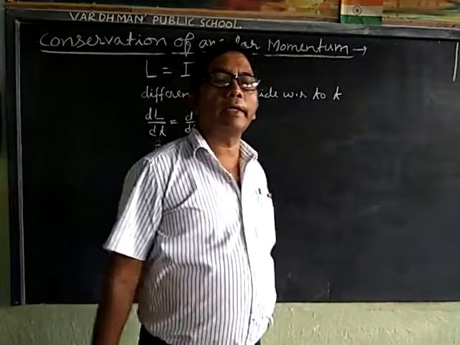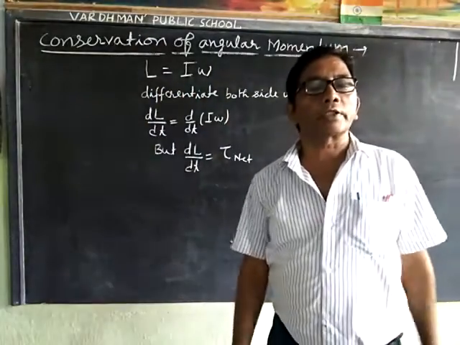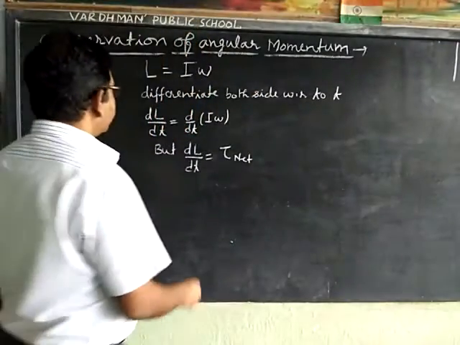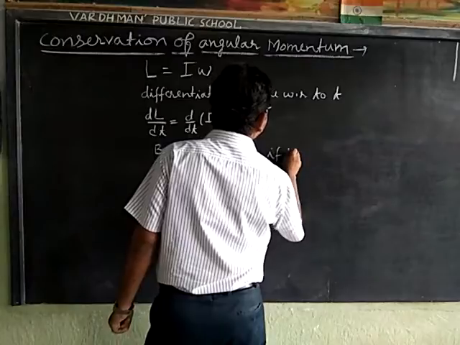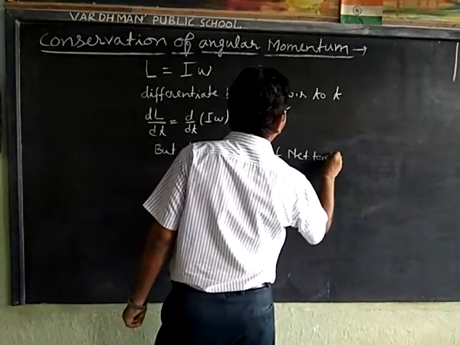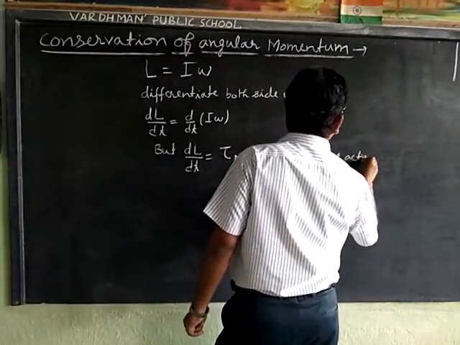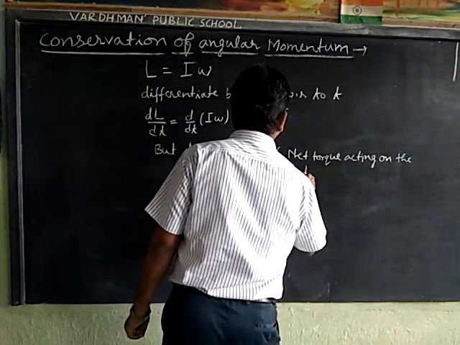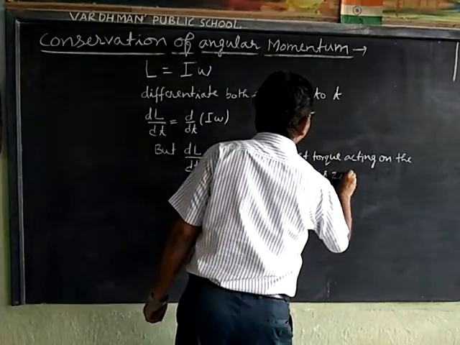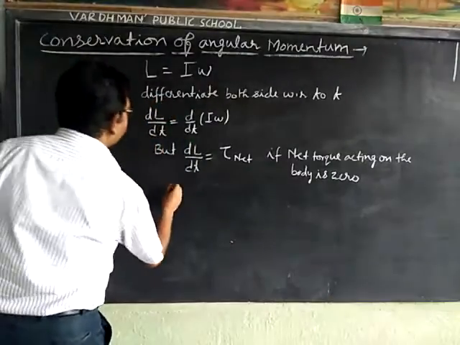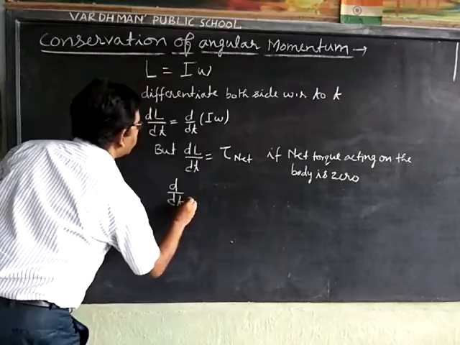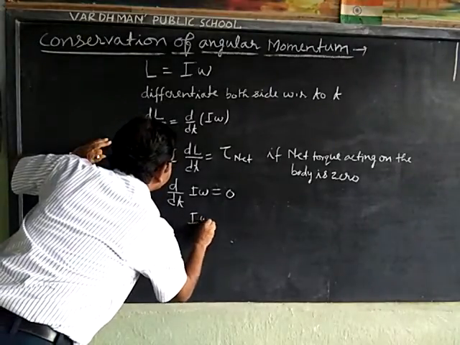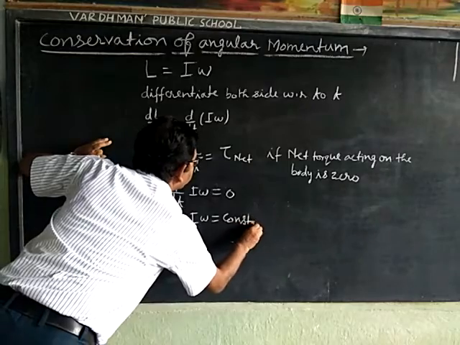But if the net external torque acting on the body is 0, then d upon dt of I omega is equal to 0, or I omega is equal to constant.